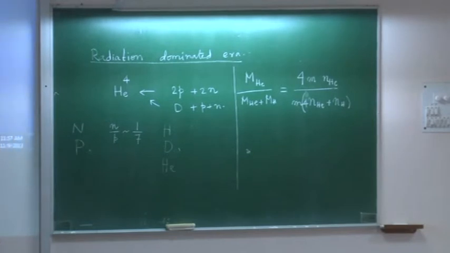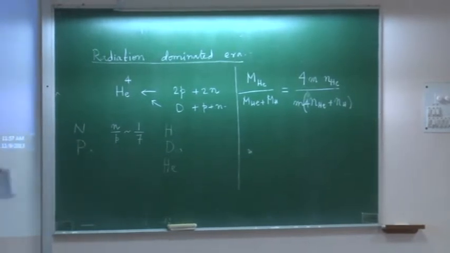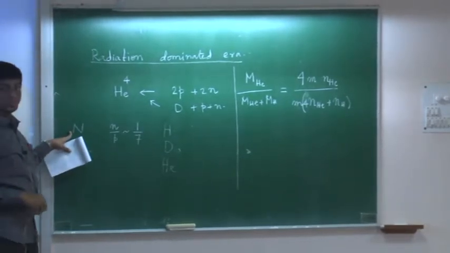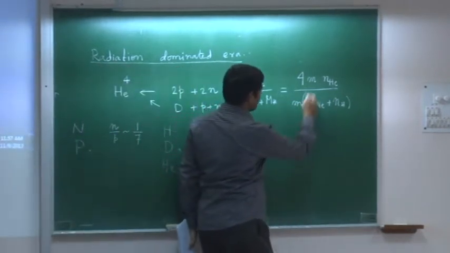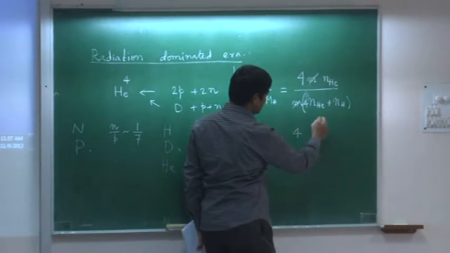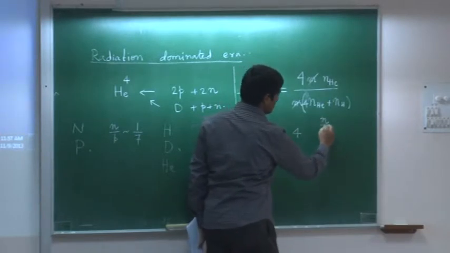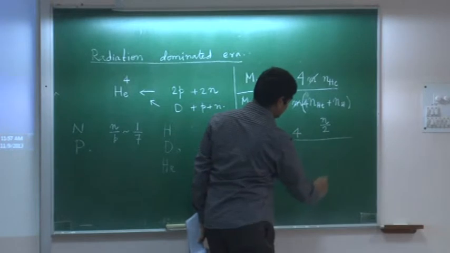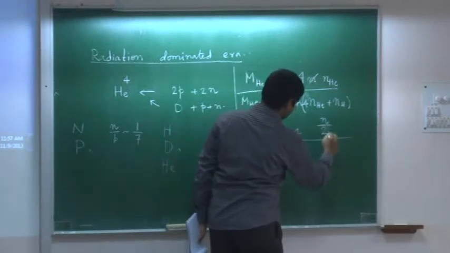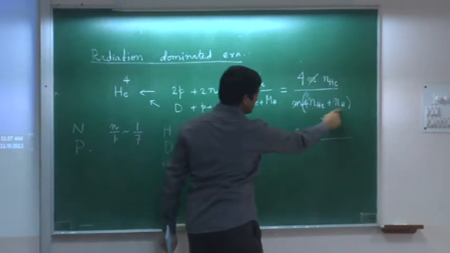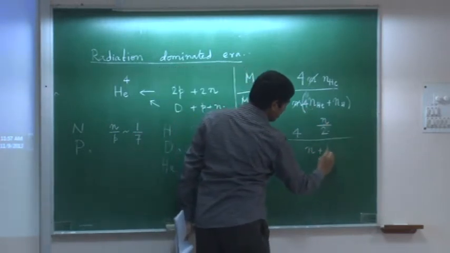Heliums can be created, of course, n by 2, right? Each helium requires 2 neutrons. The mass, of course, cancels out. I have the 4, and this is the number of neutrons by 2. And this will be, of course, the total number of neutrons plus the total number of protons.